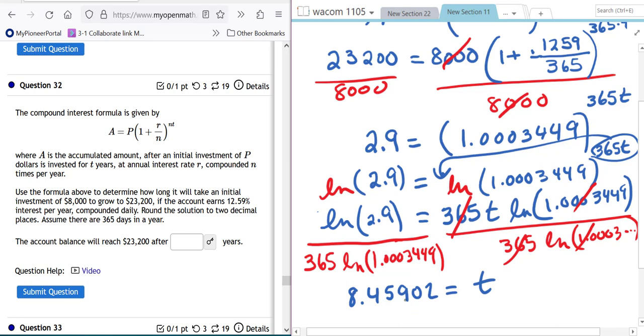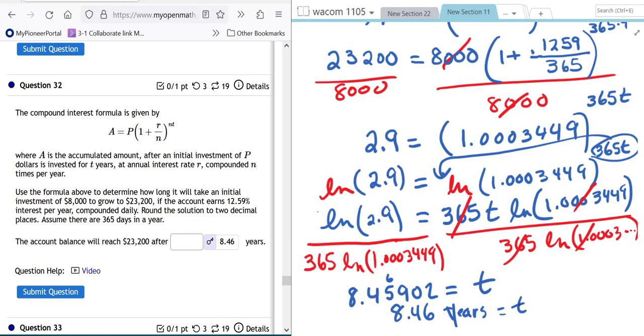The 9 will push the 5 up. So this will go to 6. So 8.46 years is your T. So that was an actual solve one because you wanted to know something that was in the exponent position.